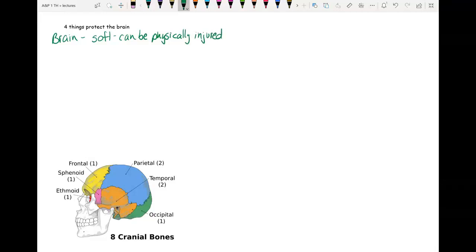It also is very particular about its chemical environment, because the brain can be damaged by types of chemicals.